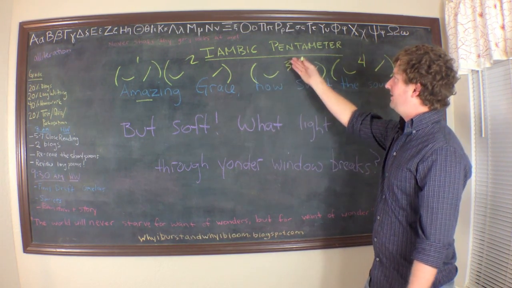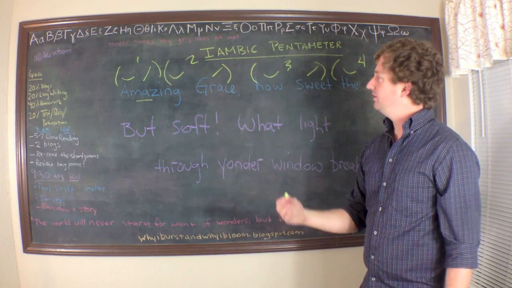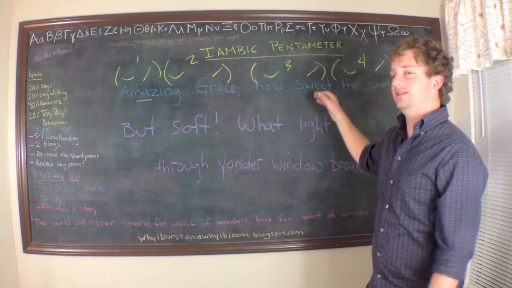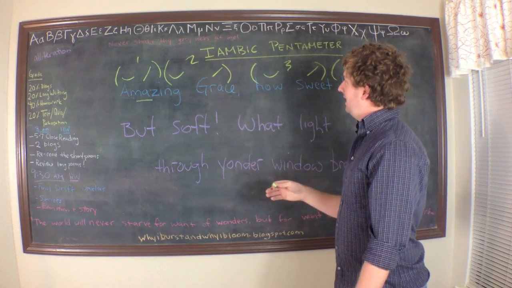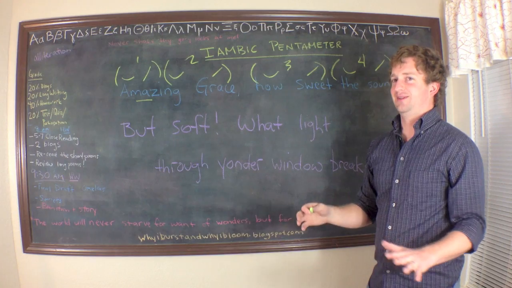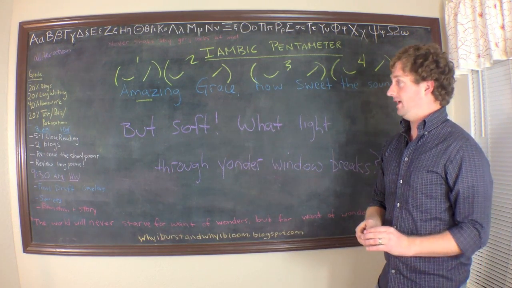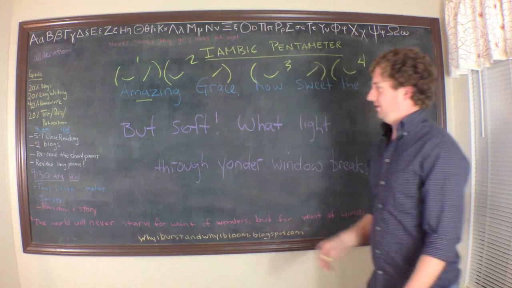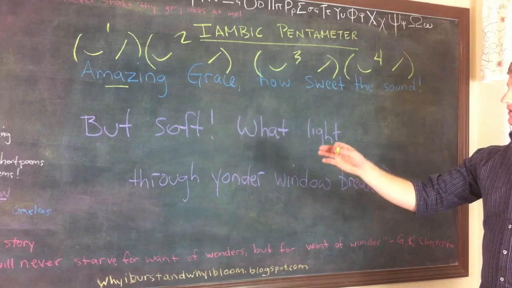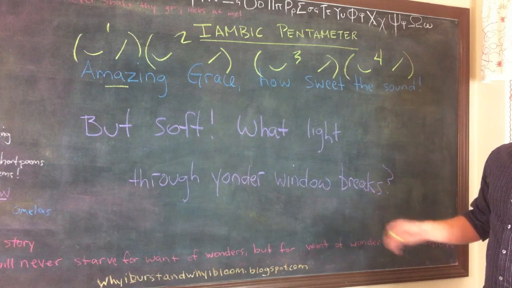So what is pentameter, as you guys have known? Penta meaning 5. So a line of iambic pentameter is going to have 5 separate feet, in which each foot will be its own iamb. So we look at this famous line from Romeo and Juliet, where Romeo says, "But soft, what light through yonder window breaks."